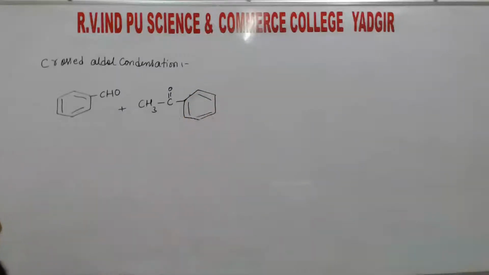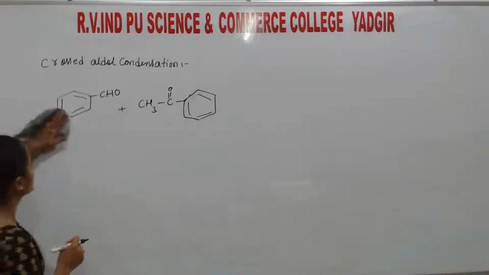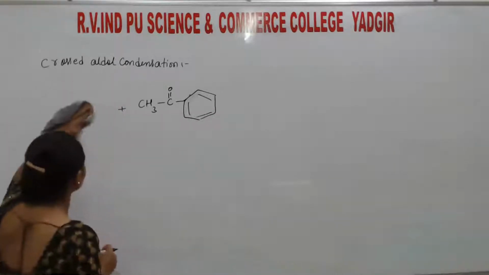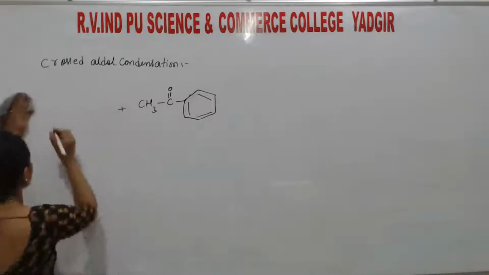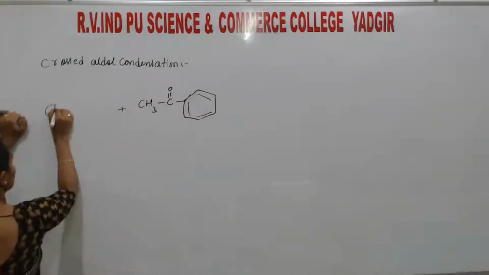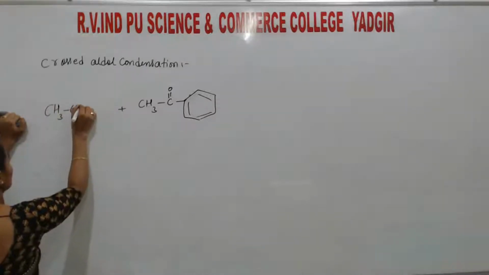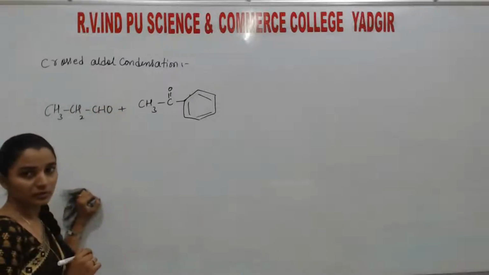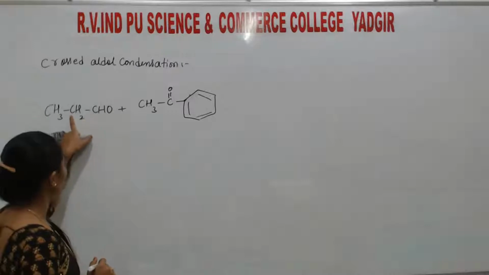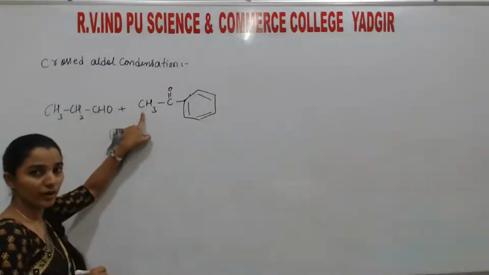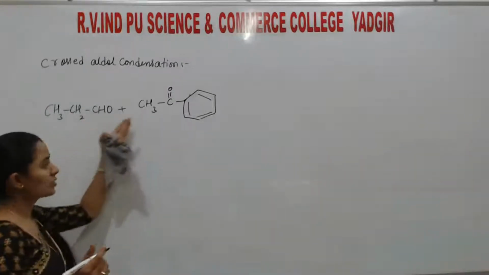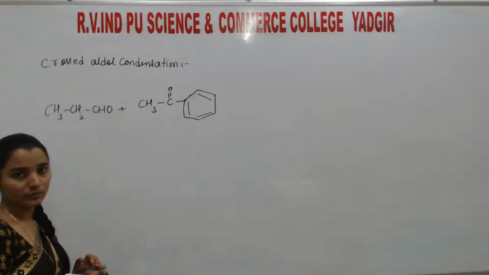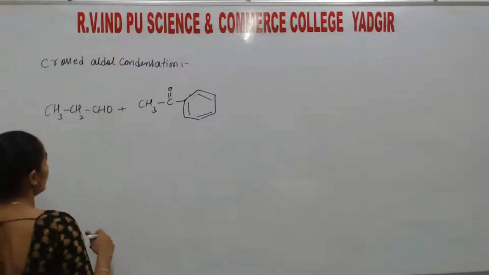Okay, so instead of that, listen here, you may take CH3 also. You may take this also. Here alpha hydrogen is there, here also alpha hydrogen is there. No matter which is going to react with which one. So what happens?